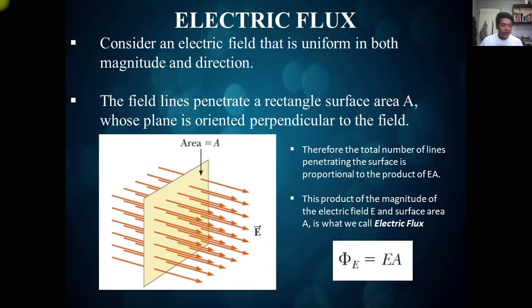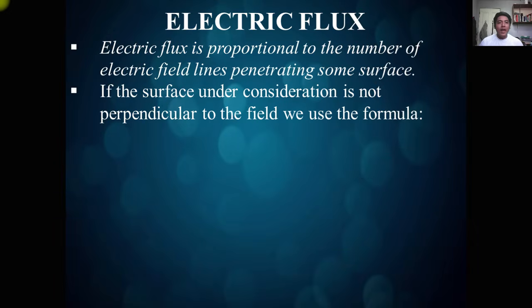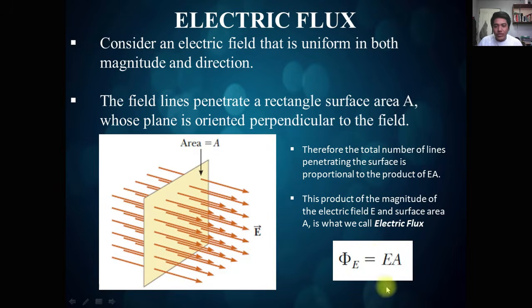So anyway, we now know that the electric flux is the product of the magnitude of the electric field E and the surface area A. More specifically, electric flux is proportional to the number of electric field lines penetrating some surface. So if we have a larger magnitude of electric field, we would be producing a larger magnitude of electric flux.